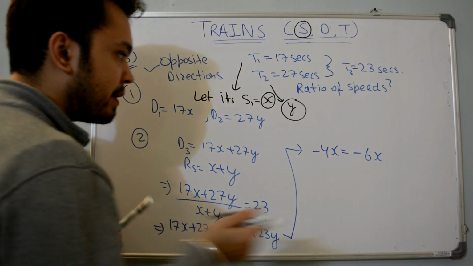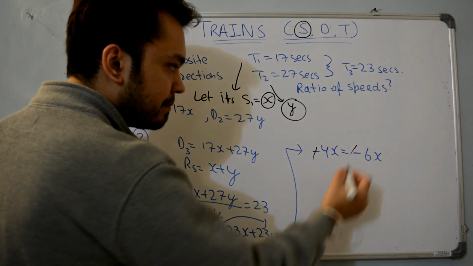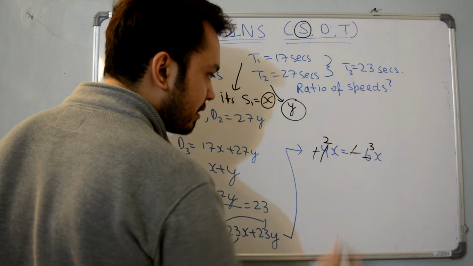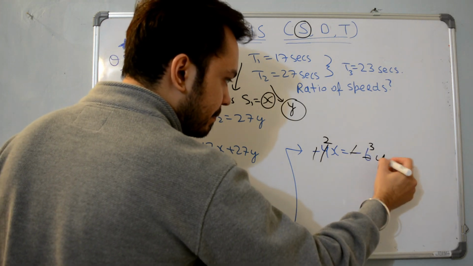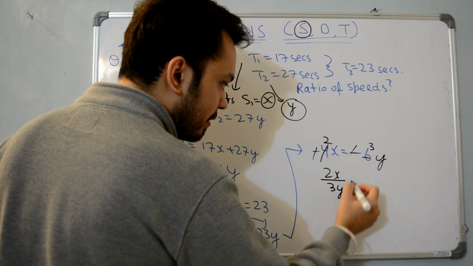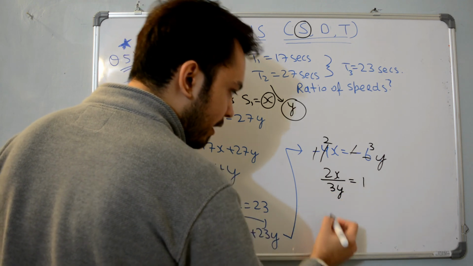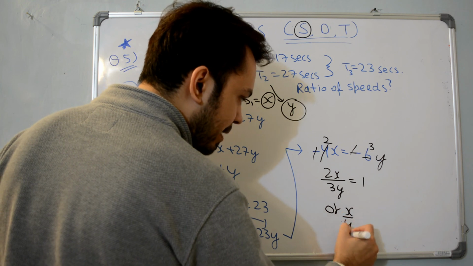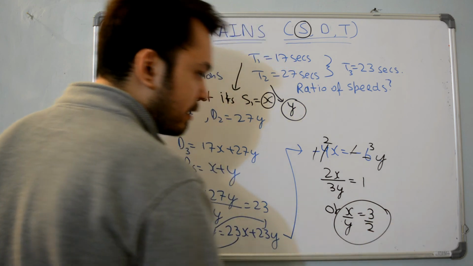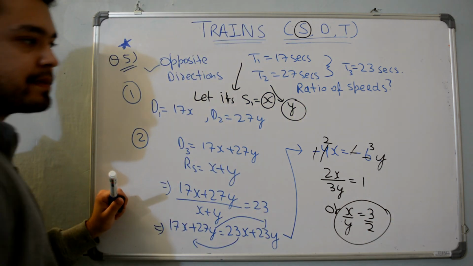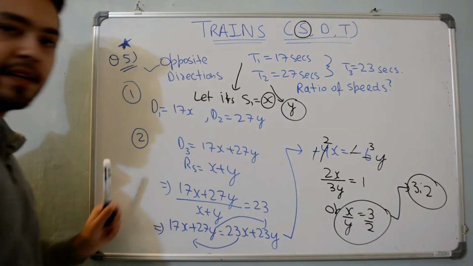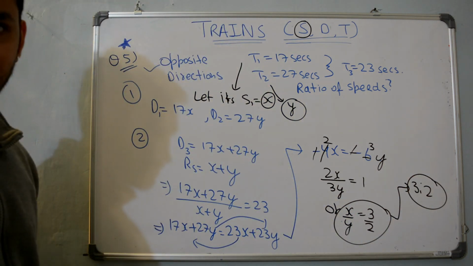Now our minus will get cancelled, right? And we know that 2 2s are 4 and 2 3s are 6, right? So 2x upon 3y is equal to 1, or x upon y is equal to 3 upon 2. That is, we have found out our ratio of the speeds to be 3:2 respectively, right? I hope it is clear to all of you.